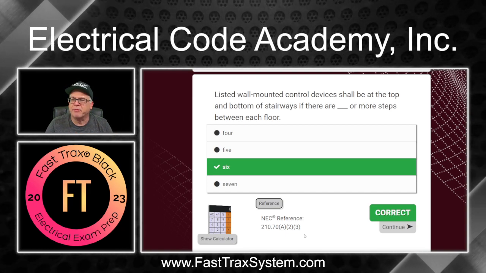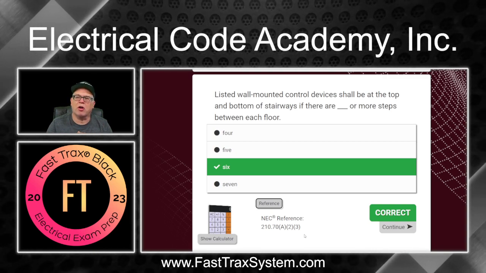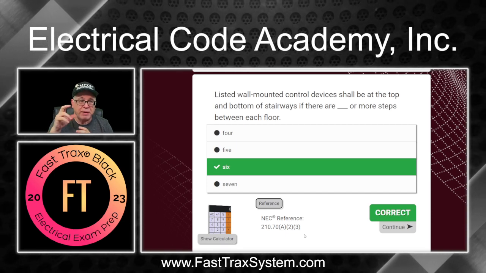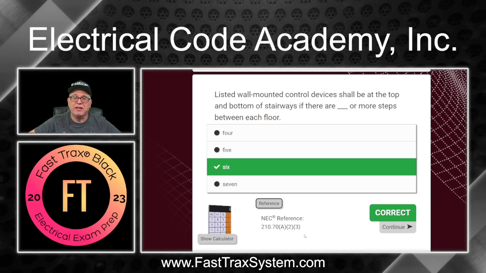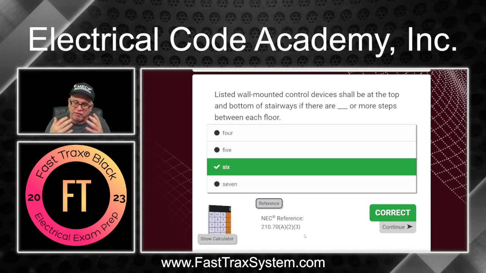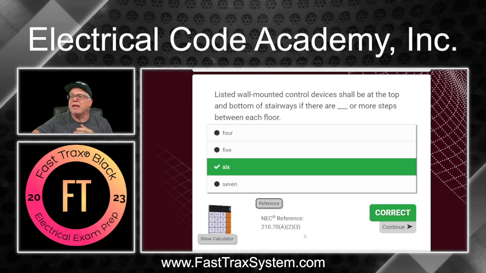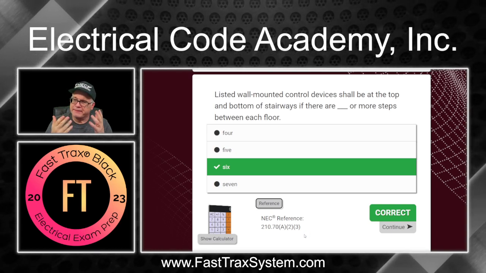There's a lot of options out there. Technology has changed, so it was broader to call it a listed wall-mounted control device. And it might just mount straight to the wall. It doesn't necessarily have to be powered from the building's electrical system anymore. We have a lot of wireless opportunities out there. So they had to change the name to do that. But as long as it's listed and it is wall mounted, you can control it.